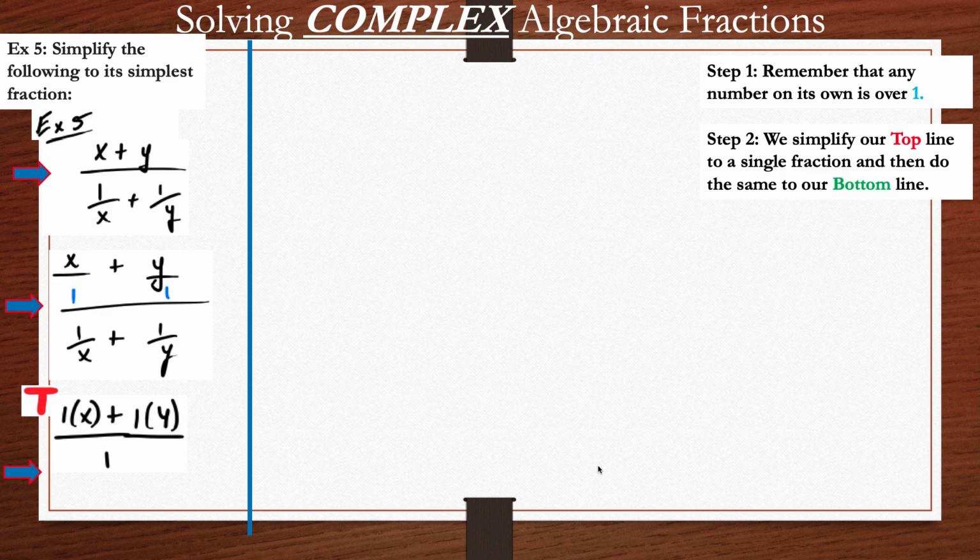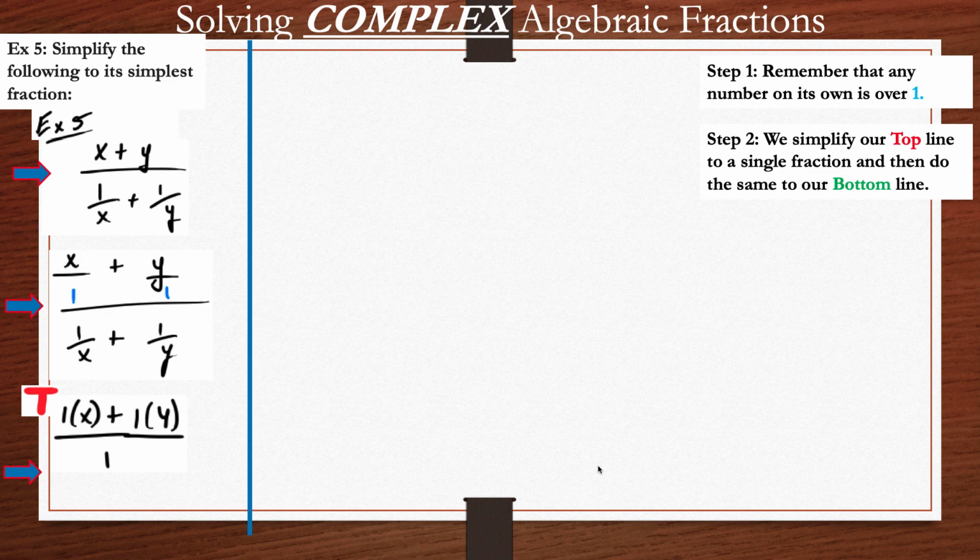You all okay so far? So our top line now looks like x plus y over 1. Is that alright? On our bottom, we have 1 over x plus 1 over y. So what do you need to do in the bottom now?